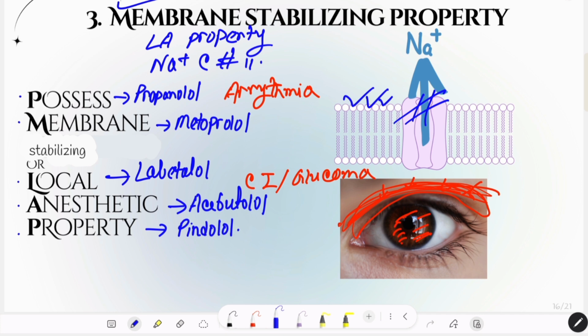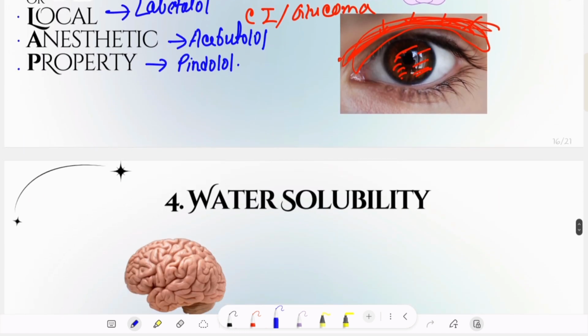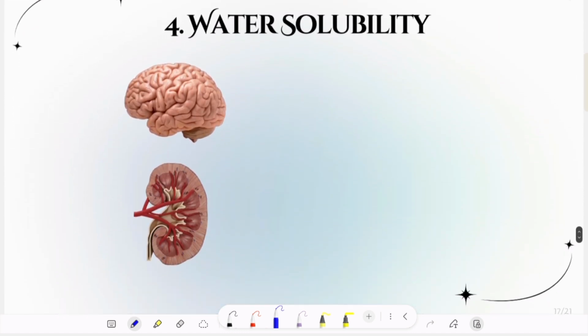So these 5 drugs having membrane stabilizing property can be used in arrhythmia but contraindicated in glaucoma.